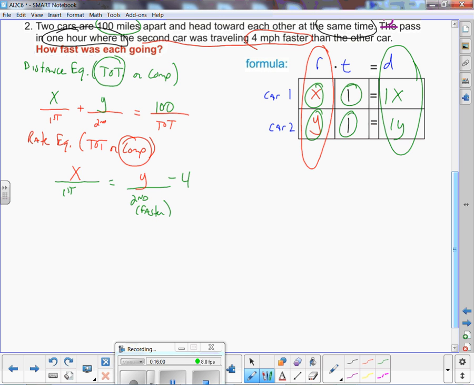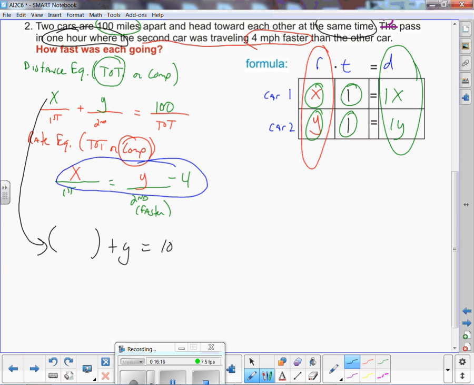In my estimation, I'm going to say the substitution method, because look, this equation is already solved for the x variable. Okay, substitution then, where the x is in the first equation, we'll sub that in. So now I'm going to sub in my y minus 4. Go ahead and solve this equation, right?